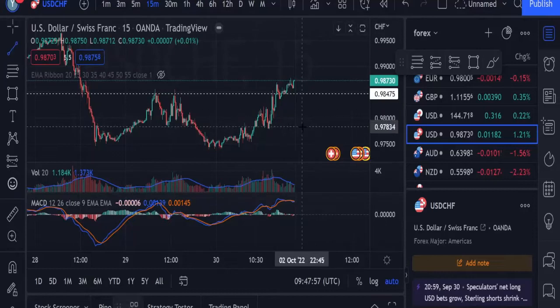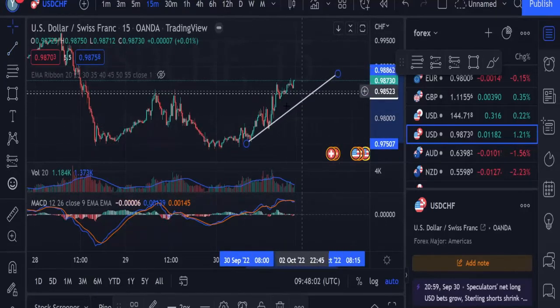So let's check the support line here. If this market could retrace to this line and then give me a bounce, a rejection candle downward, once it rejects the downward movement and faces up, then I know it's time for me to go long.